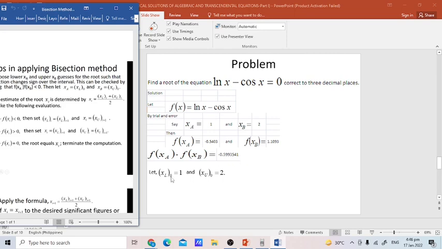And we have the initial lower value, 1, and the initial upper value, 2. So these initial values will now be used so that we can find the first iteration, the value of x in the second iteration, the value of x in the third iteration, and so forth, until we reach the root. So we now proceed.